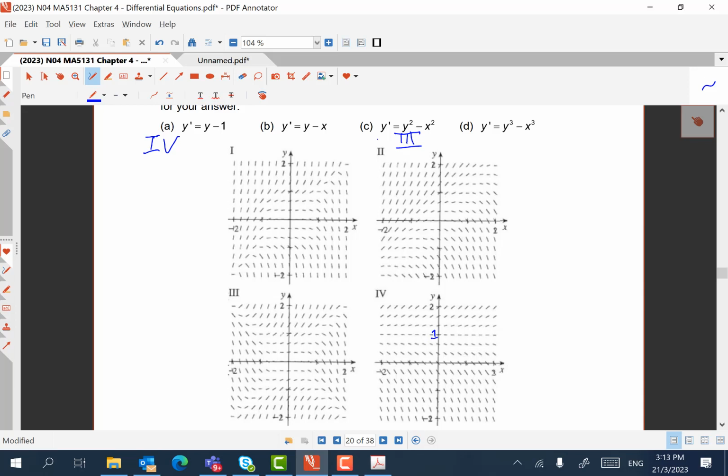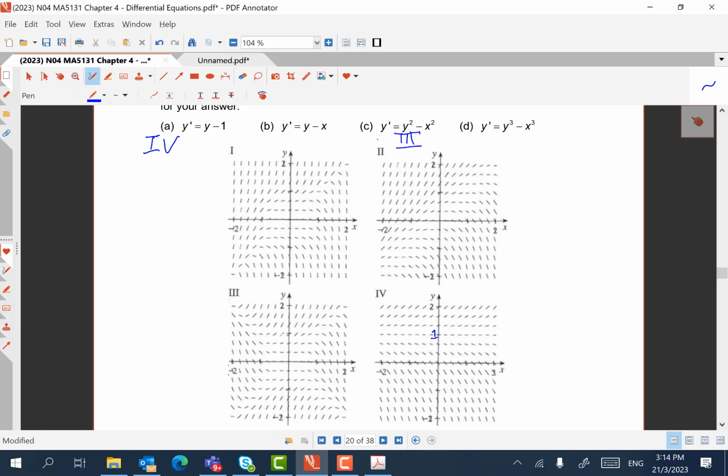If you don't have a previous page, how would you have identified that 1 is for part D and 2 is for part B? B and D have the same feature that you told me about: the gradient is 0 along the line y equals x.